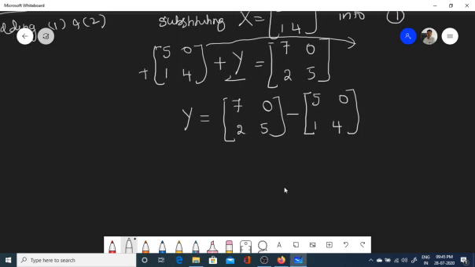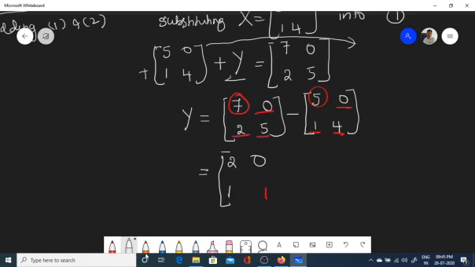So therefore just by subtracting the corresponding elements of these two matrices, 7 minus 5 will become 2, and 0 minus 0 will become 0, and 2 minus 1 will become 1, and 5 minus 4 will become 1.